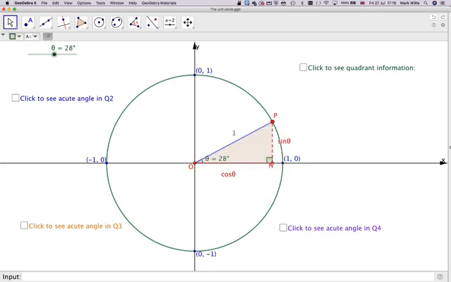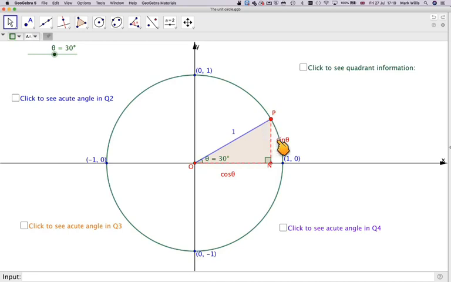Let's go into the first quadrant. Let's do 30 degrees. This angle is 30 degrees in the first quadrant. So this length here is 1.